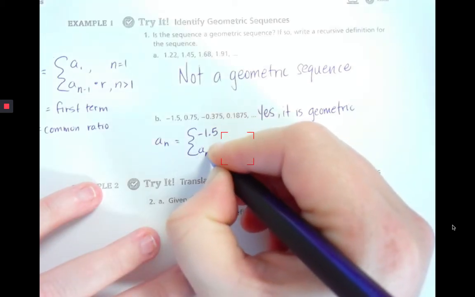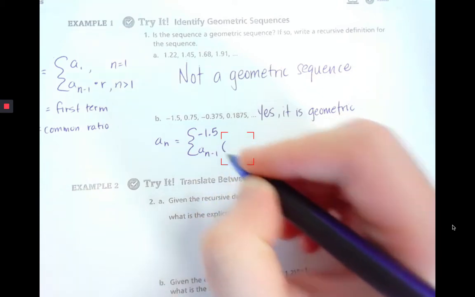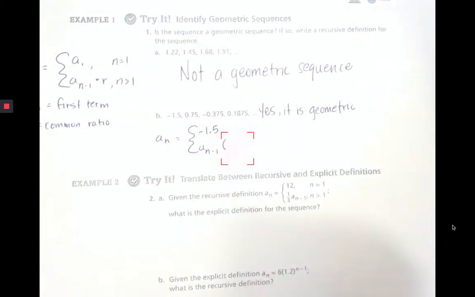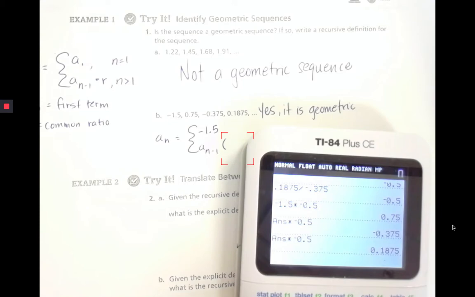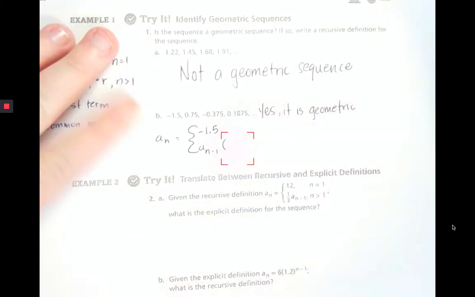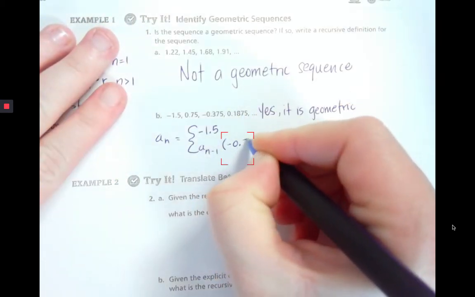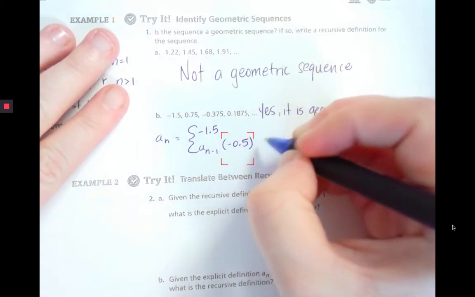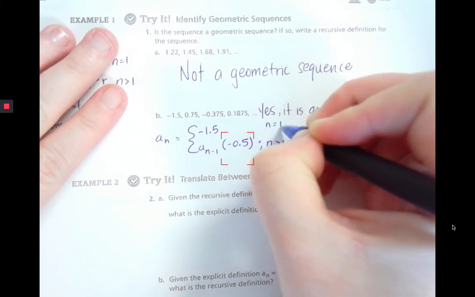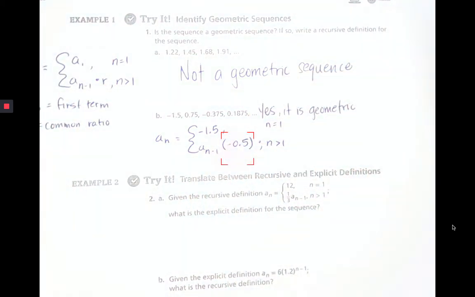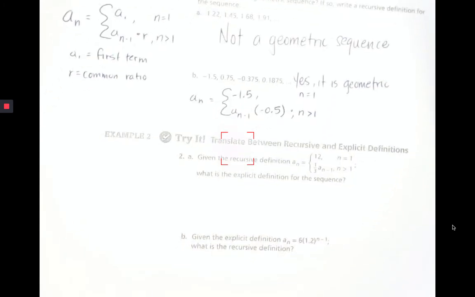And then we're going to write A sub n minus 1 times our common ratio. Well, let's see. We went from negative 1.5 times negative 0.5. That gives me that 0.75. I'm getting what I needed. So negative 0.5 is my common ratio. So we're going to say n has to be greater than 1, and up here n equals 1. I just wanted it to all be lined up.